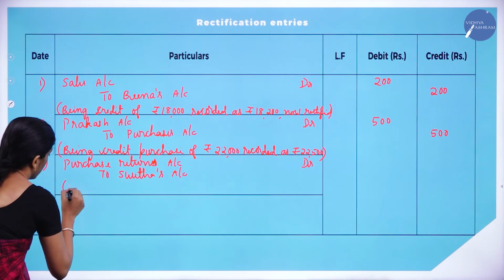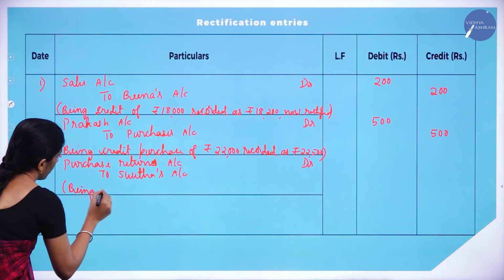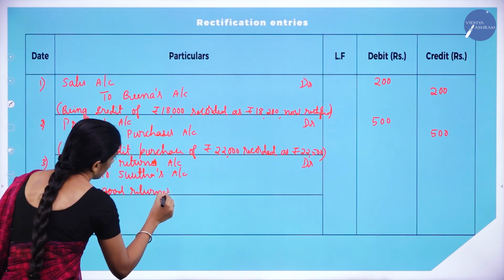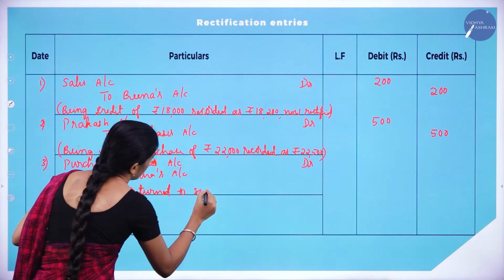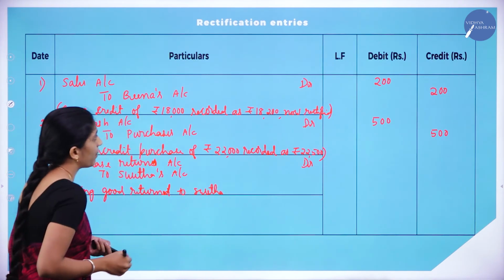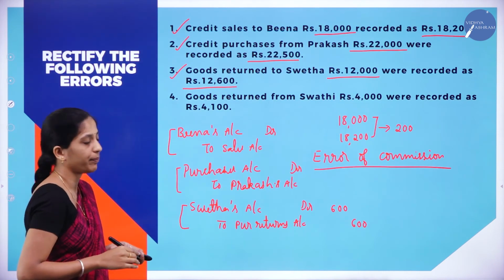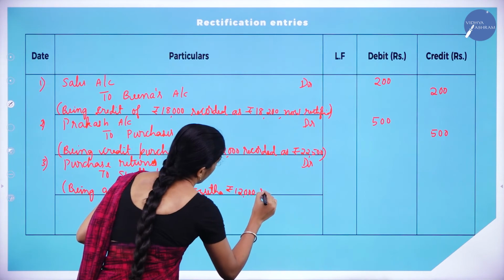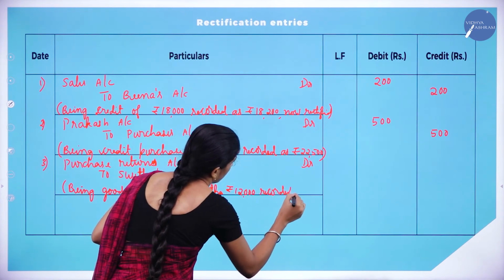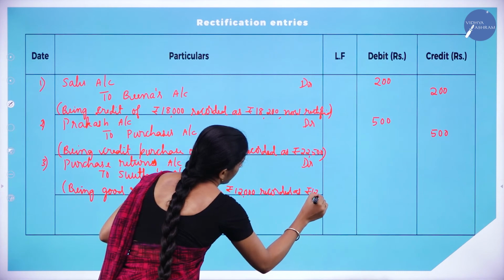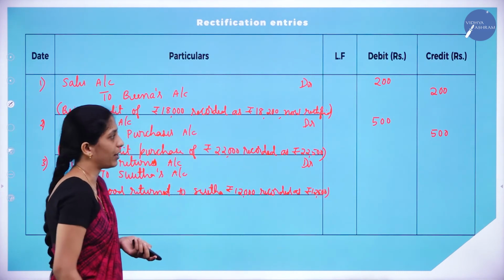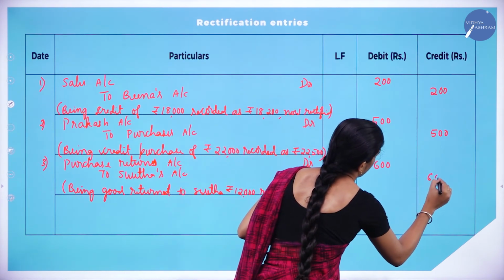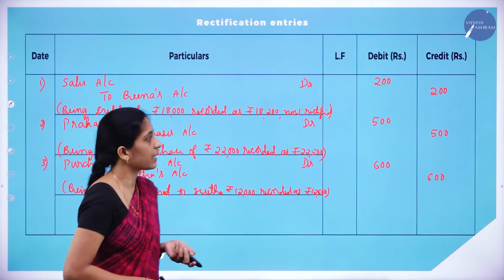Being goods returned to Shweta. So, what is the amount? It is rupees 12,000, rupees 12,000 recorded as rupees 12,600, now rectified. So, our difference amount is how much? 600 rupees. So, 600 in the debit side and 600 in the credit side.